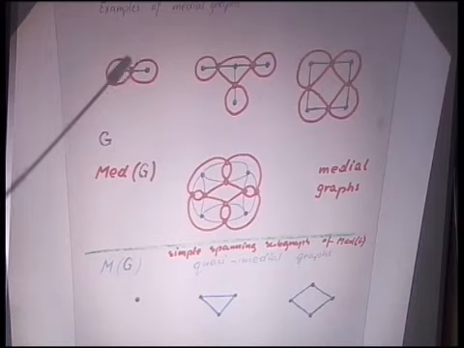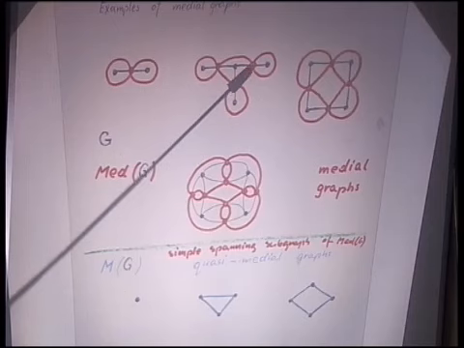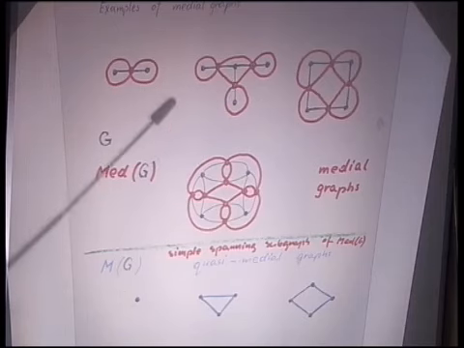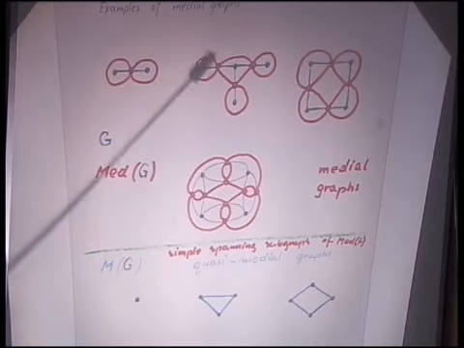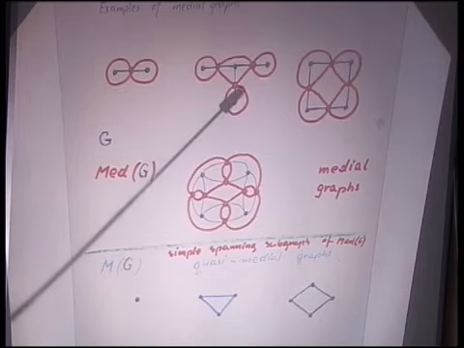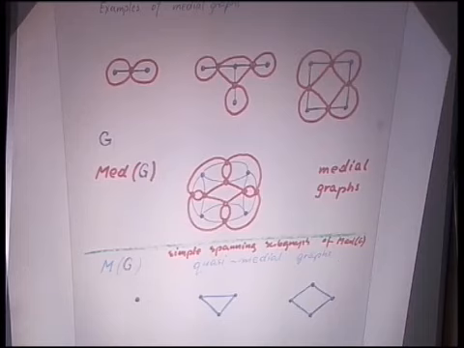For each edge of the basic graph, considered as a planar embedding, we put a red vertex of the medial graph. So the vertex set of the medial graph of a given graph G is exactly the edge set of the basic graph.